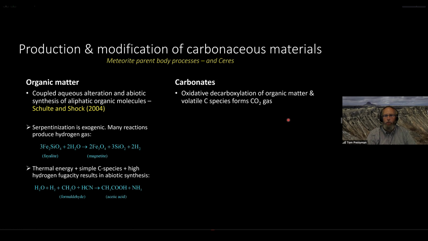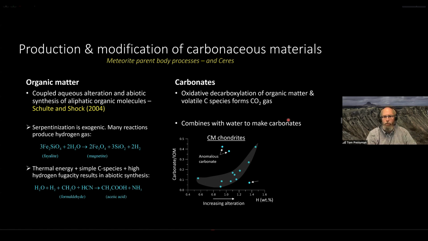The flip side of the coin is carbonates. To make the carbonates, you can have oxidizing conditions in the hydrothermal system that eat up the organic matter, producing CO2 gas that combines with water to make carbonates. And you can see this rather clearly in the chart below, where for selected CM chondrites, you have increasing carbonate to IOM content with alteration.